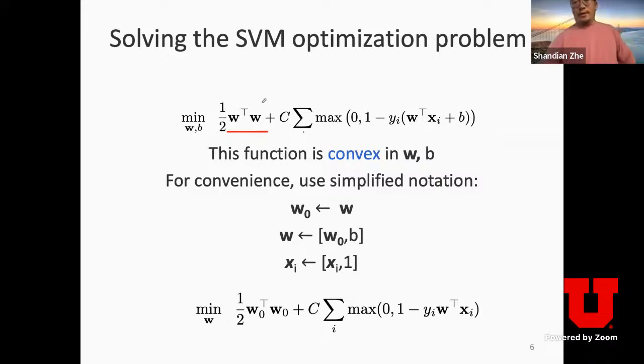Right, right. So if we consider a general function f of x, if it is twice differentiable, remember there is a very important property, right? If f of x is twice differentiable, then if we can show that the Hessian, which basically just means the second order derivative of f of x, is positive semi-definite, then this function is guaranteed to be convex.